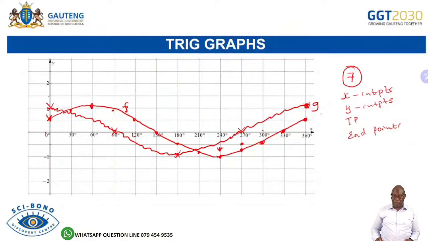So that's my suggestion to you, that you use points that are much closer to each other. If you see 30, just go with the 30s. If you see 45, just go with the 45. If you don't have 45 or 30, just use the 90 degrees, depending on how far you can go with your sketch.